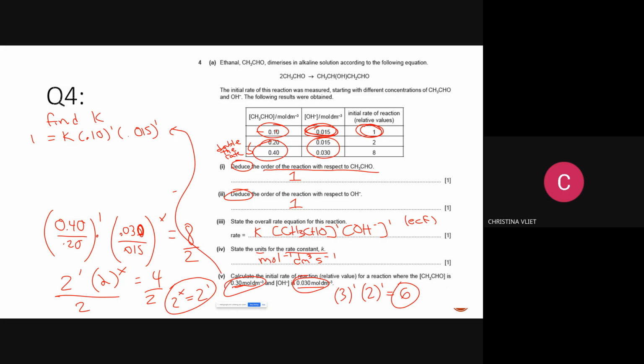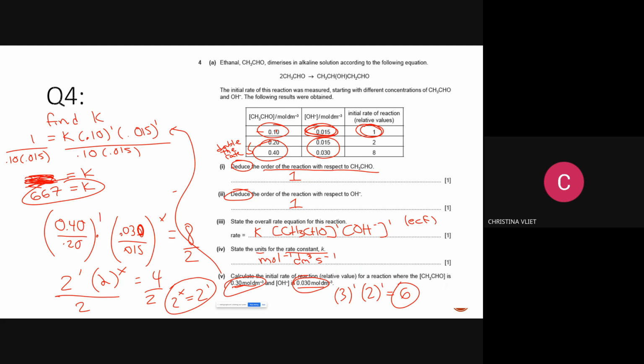And that will give me K. So I divide both sides by 0.1 and 0.015. I get 332, I believe. Let me just double check. No, I get 667. This is the one. 667. Yes, I do. So that will be actually the K here.